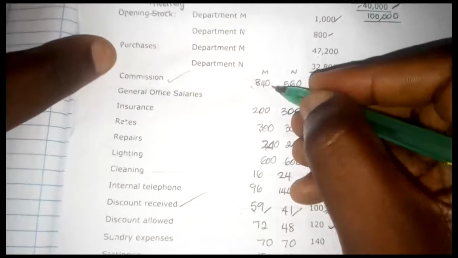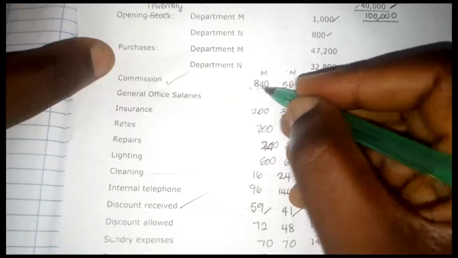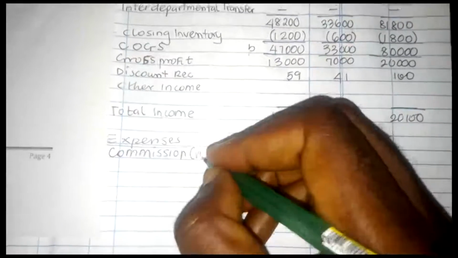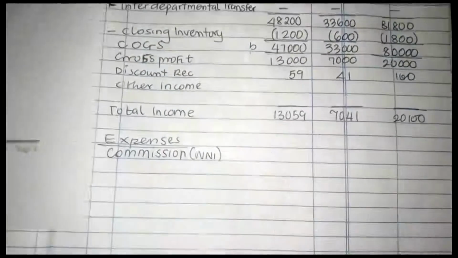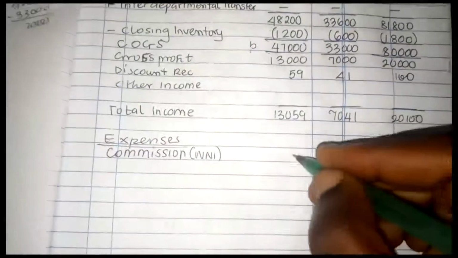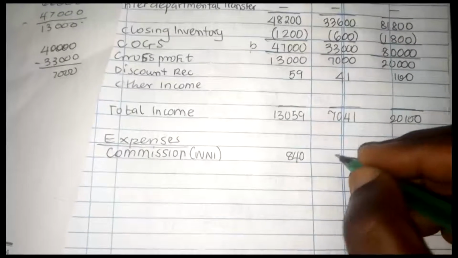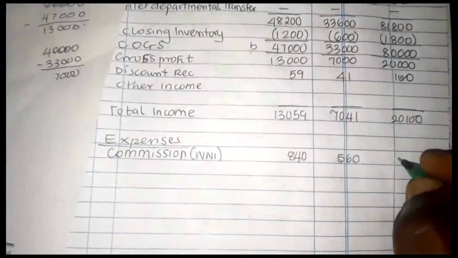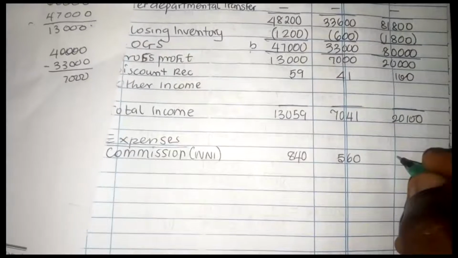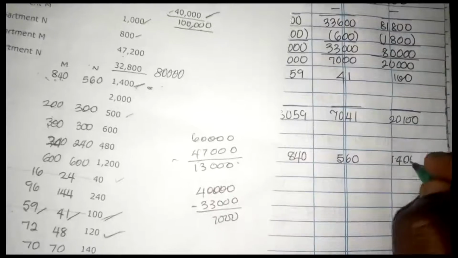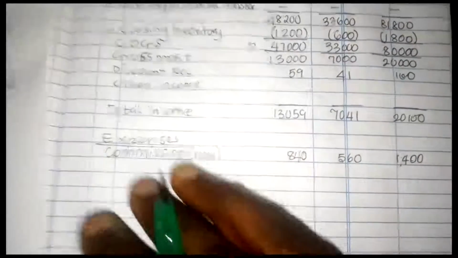The first figure is 840. This is working note 1. You just write working note 1. We have 840 and 560. Then the total I think has been given, 1,400. Then you continue like that.